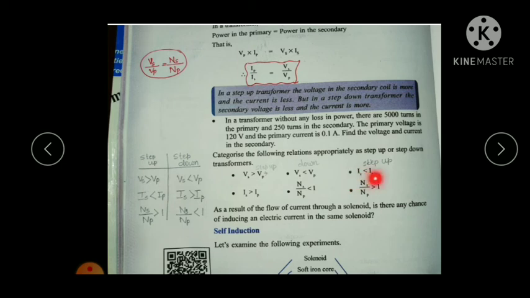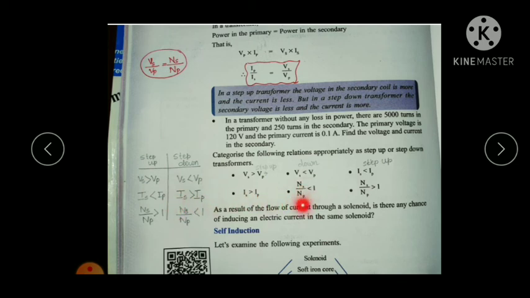So in which case is it step up transformer. In the case of step up transformer, current in the primary is greater than current in the secondary. Then IS is greater than IP. Current in the secondary is greater than current in the primary. That is in the case of step down transformer.